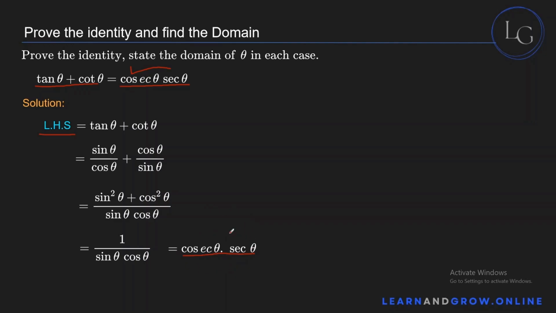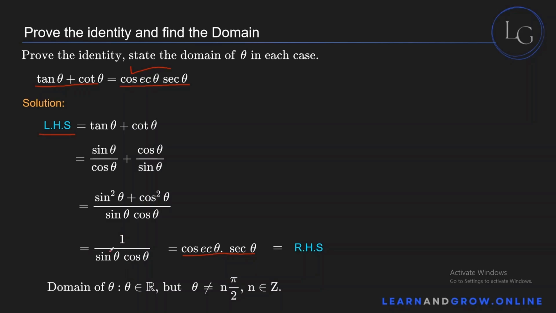Now the domain of this function is just that theta is any real number, but theta cannot be equal to any multiple of pi by 2, because sin theta becomes 0 when it is any multiple of pi, and cos becomes 0 when it is any multiple of pi by 2.